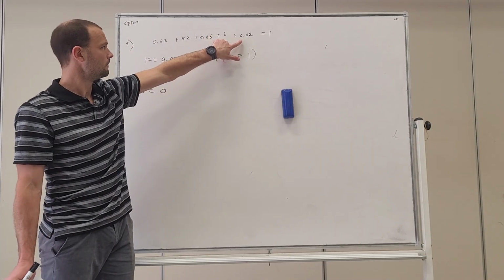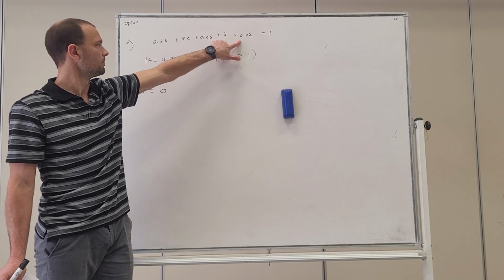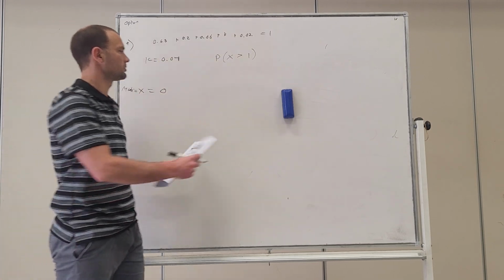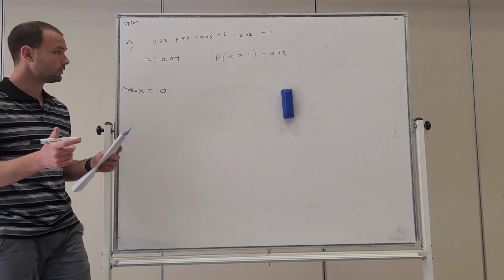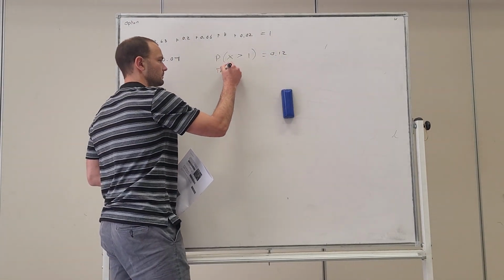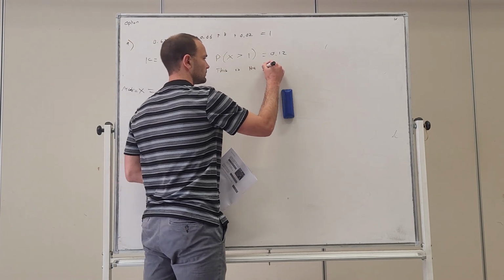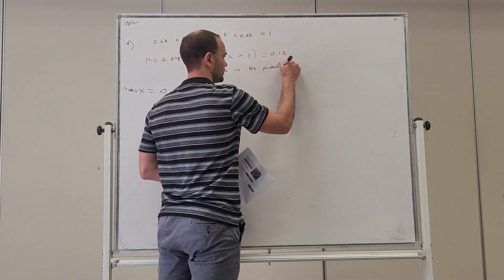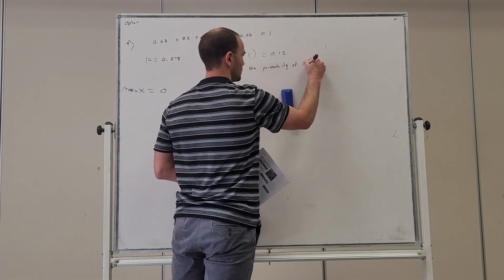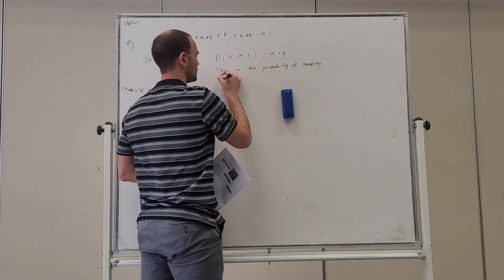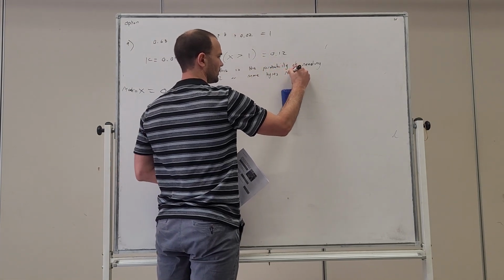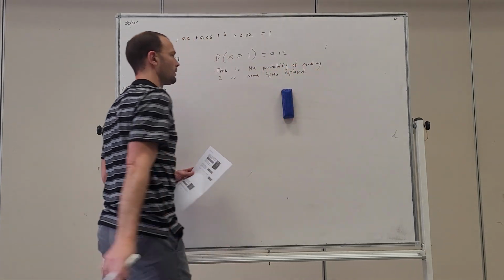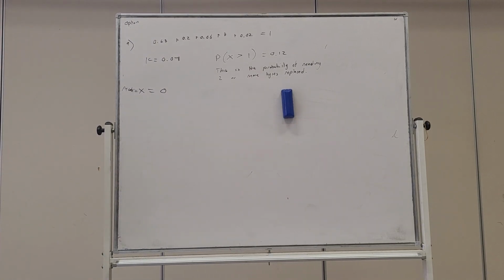It's going to be the sum of all of these, which will be 0.12. Interpret this value. This is the probability of needing 2 or more tyres changed.